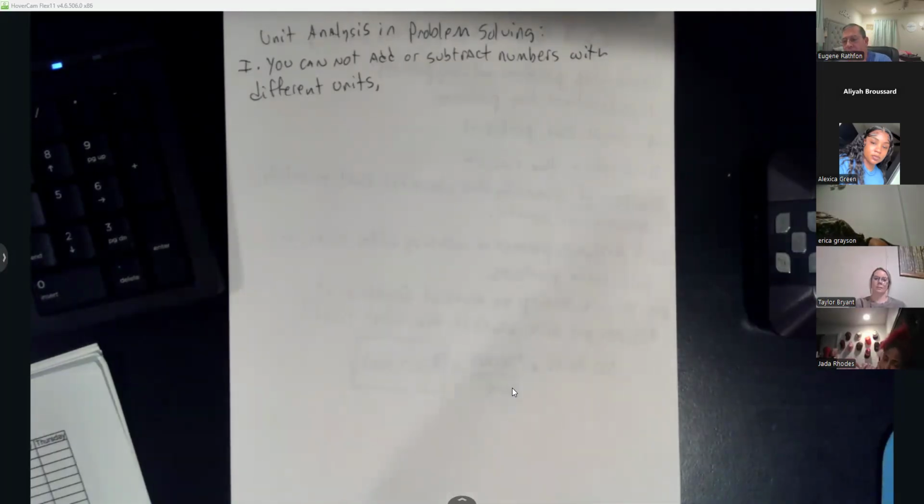That means you want your units to be what we call like terms if I'm going to add or subtract them, okay? So I cannot subtract 10 feet from 30 pounds because they're not in the same units, okay?